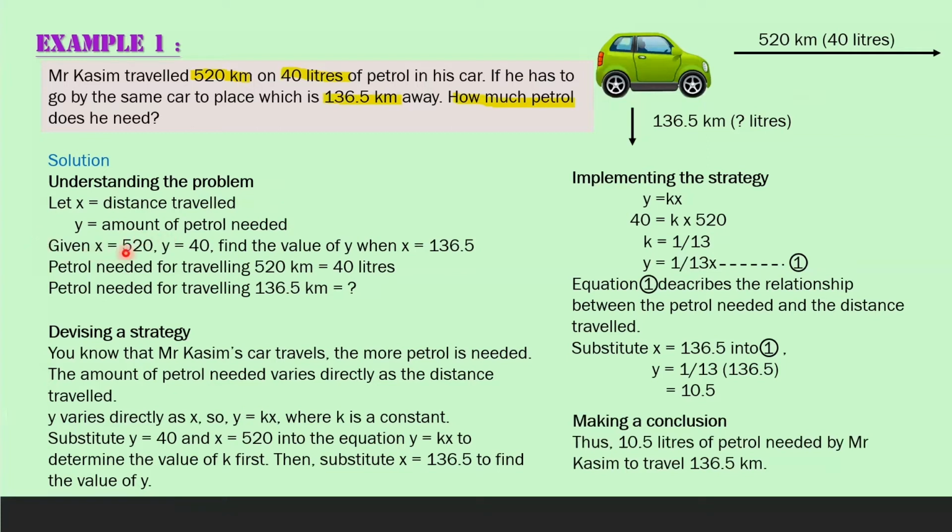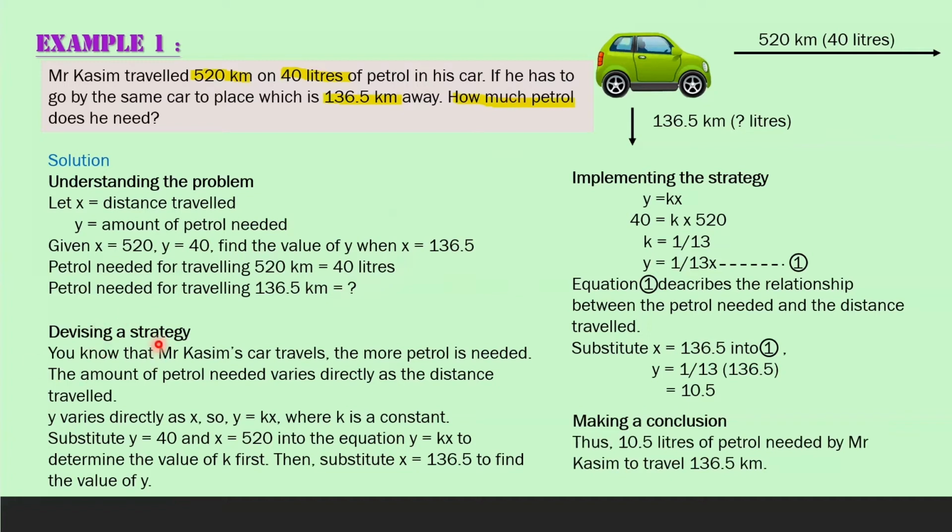Given x equal to 520, y equal to 40, find the value of y when x equal to 136.5. Petrol needed for traveling 520 kilometers equals 40 liters. Petrol needed for traveling 136.5 kilometers is how much petrol?